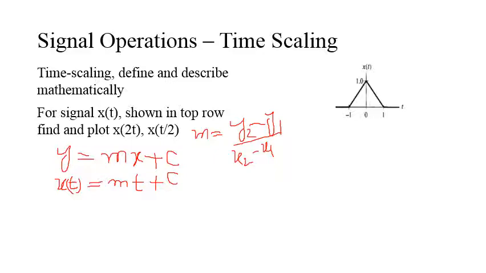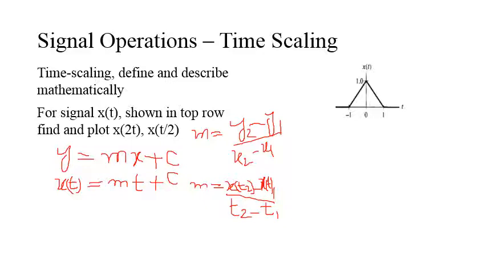If I translate it to a signal, instead of y2 and y1 we have x of t2 and x of t1, so we can say m equals x of t2 minus x of t1, divided by t2 minus t1, right?